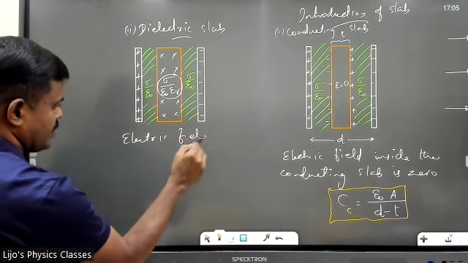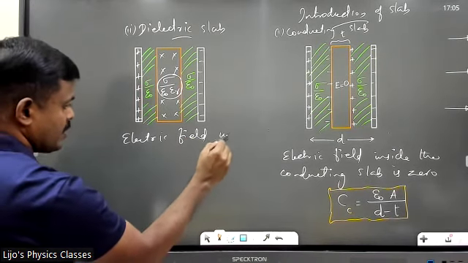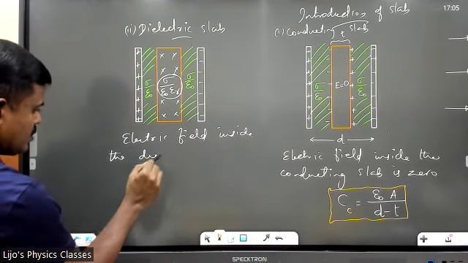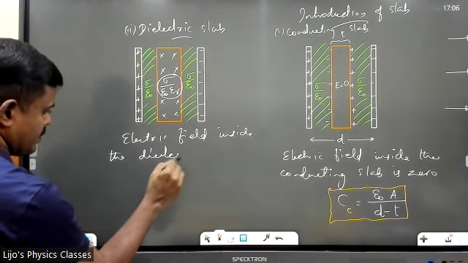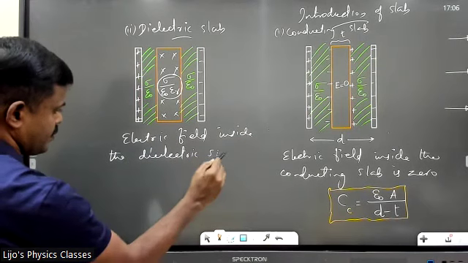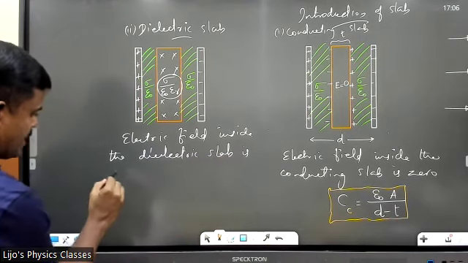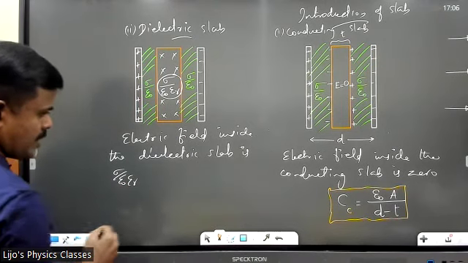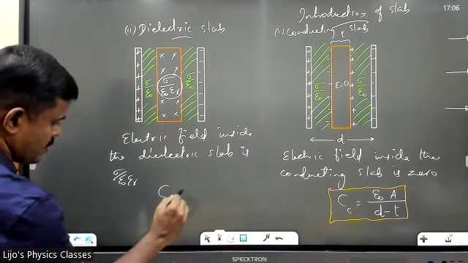Electric field inside the dielectric slab is sigma by epsilon 0 epsilon r.